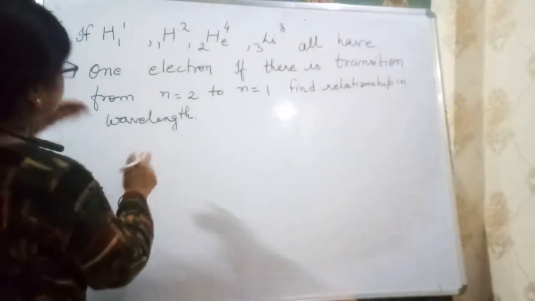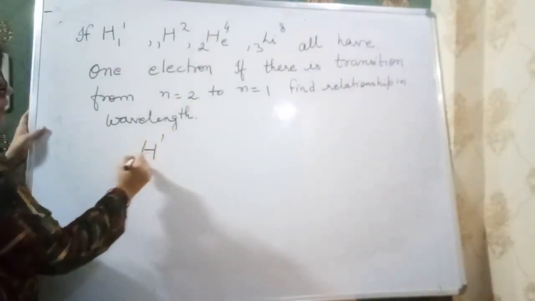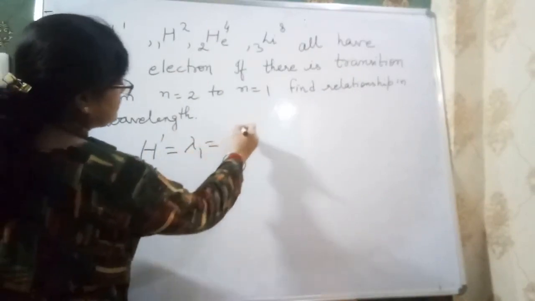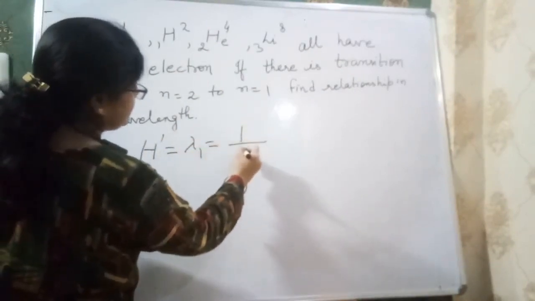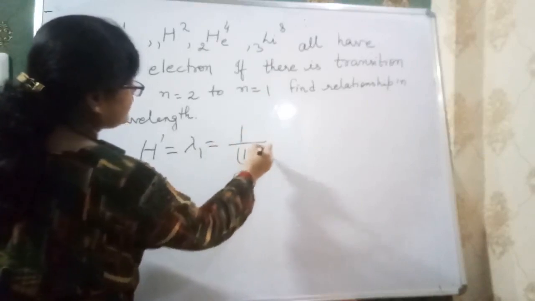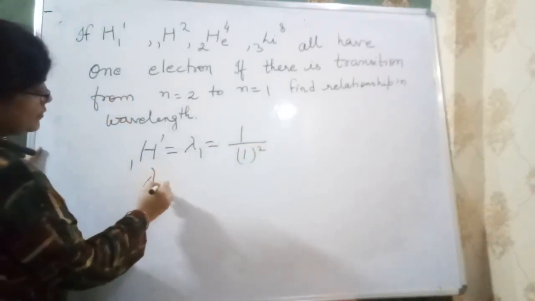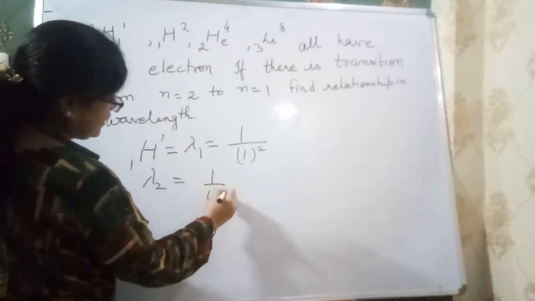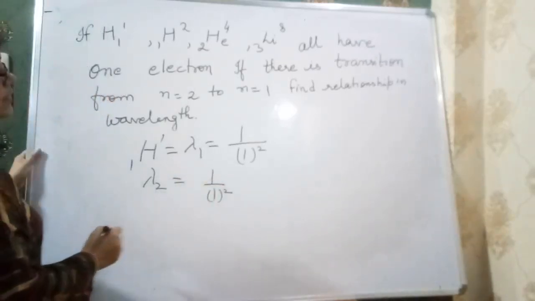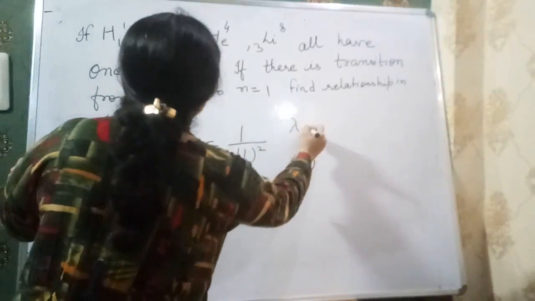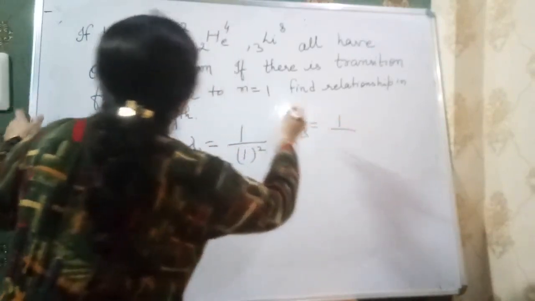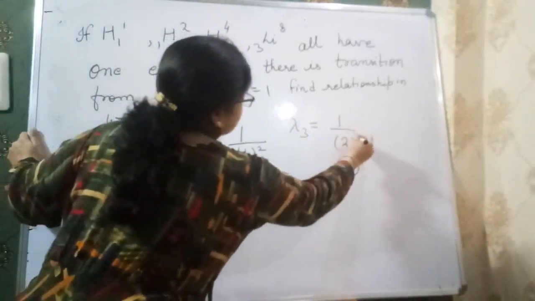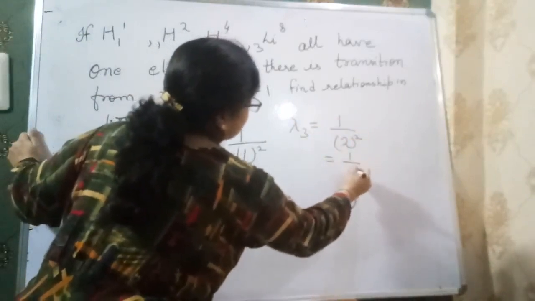Now just do it simply, I'm writing it clearly here. For example, for lambda 1 we have 1 by 1 square. Clear? For lambda 2 I have 1 by 1 square. Clear? Now for lambda 3 we have 1 by atomic number 2 square, that means 1 by 4.